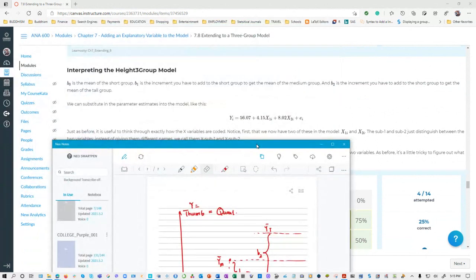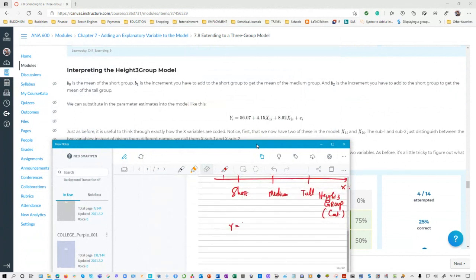Y equals B0 plus B1x1 plus B2x2 plus e. I'm going to consider only this part. Y hat means B0 plus B1x1 plus B2x2.